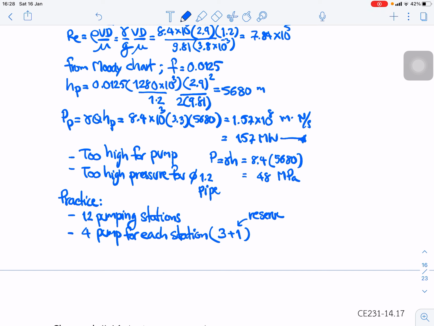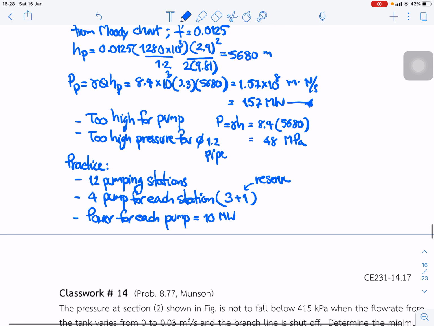The power for each pump is just 10 megawatts. So the total power is 12 times 3 times 10, about 362 megawatts.